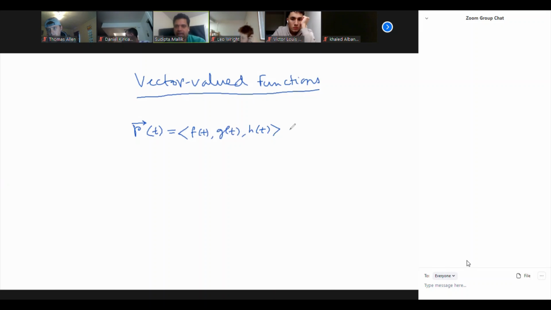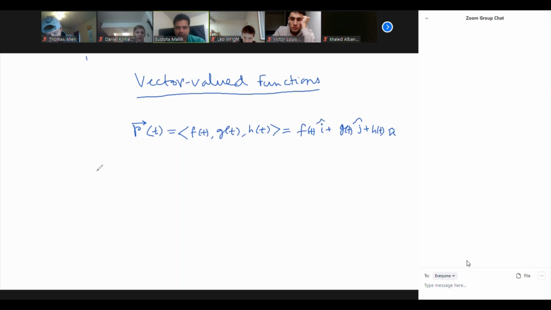Or you can rewrite this as f of t i, g of t j, h of t k. Okay. So what does that mean? For each value of t, you get a position vector of a point.